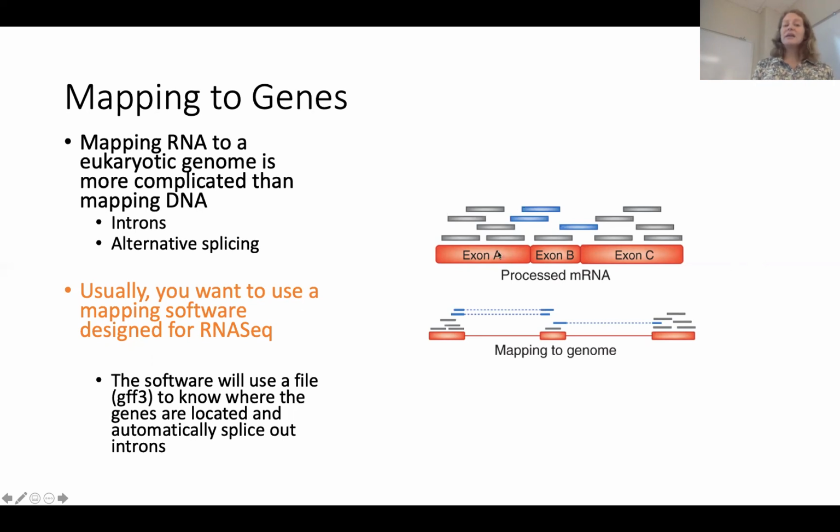If instead the read mapper is aware of the introns and can ignore them, all of a sudden it knows, yes, those reads are mapping to the same location. It's just those two exons are next to each other. So it's basically kind of pre-processing your genome to know where the introns are, if that makes sense.